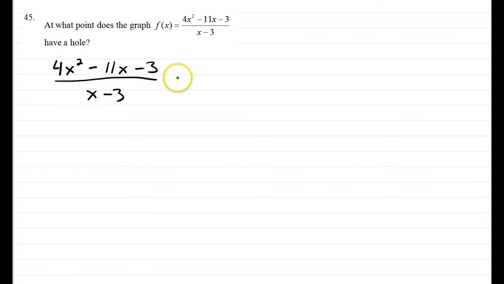And so, let's see here. What numbers multiply to negative 12 but add to negative 11? That would be negative 12 and a positive 1. And remember, since we have this 4 here, we have to divide by 4, and then we have to reduce our fraction.